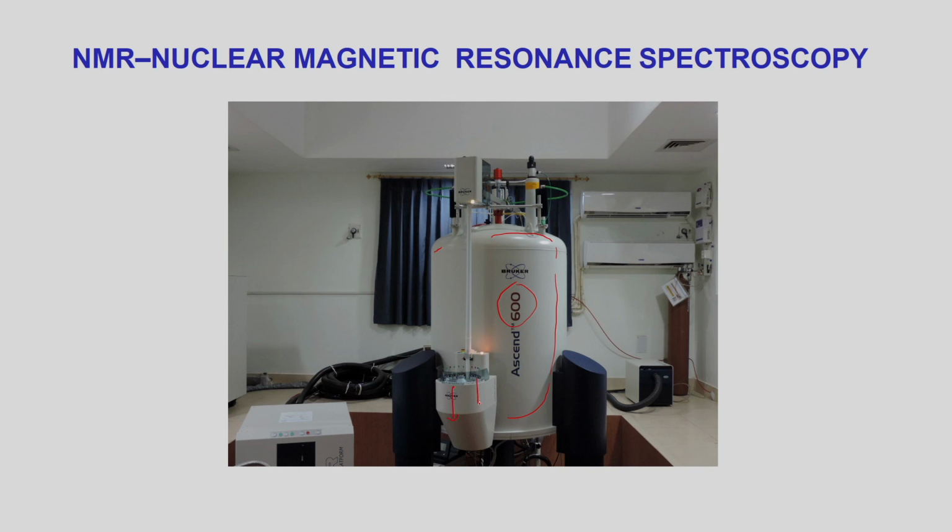These are different tubes inserted here, and you have a strong magnet connected, and the radio frequency which detects the frequency of the absorbed waves. You also need a coolant. Why do you require a coolant? Because you are using a 600 megahertz magnetic field, the magnet gets heated up. To cool that you need a coolant, usually helium.